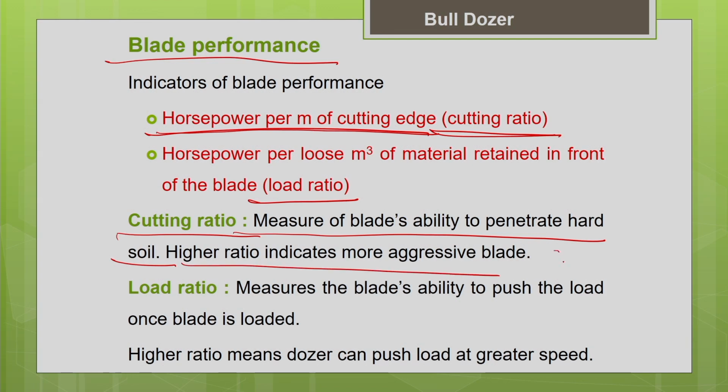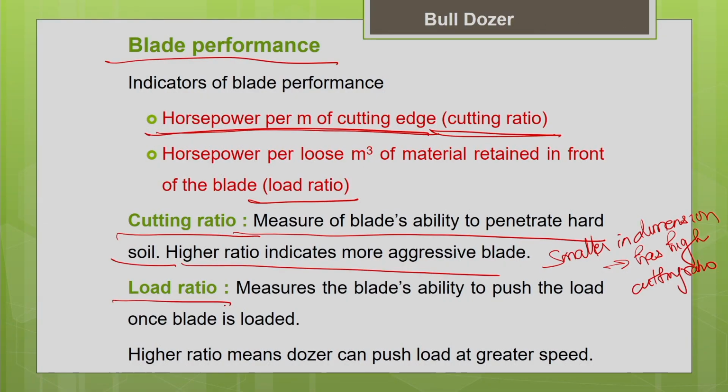Generally, blades which are smaller in dimension have a high cutting ratio, because obviously there will be more concentration of power in that portion of the blade. So those blades will be more aggressive and will have a high cutting ratio.